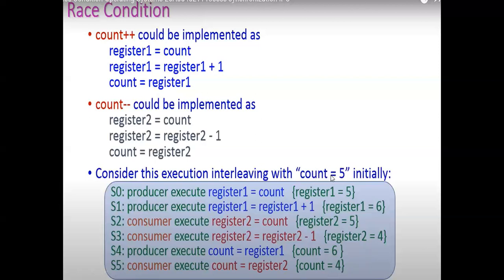Initially the count is 5, but we have two different values. When it is stored from register 1, the count value is 6, and when it is stored from register 2, the count value is 4. So we get different values here. This is the problem of race condition. The two processes, producer and consumer, are accessing the same shared data concurrently, so some mechanism needs to be followed.